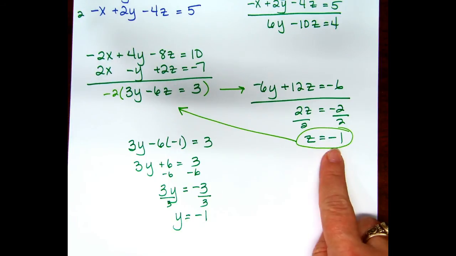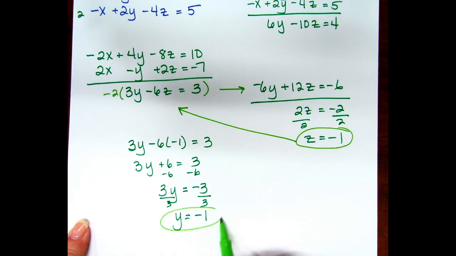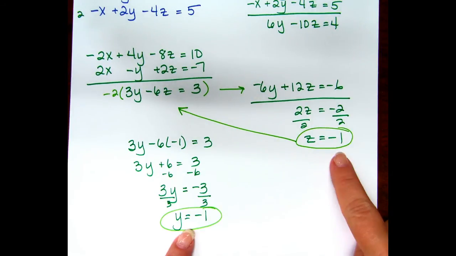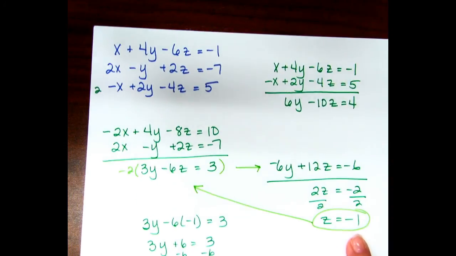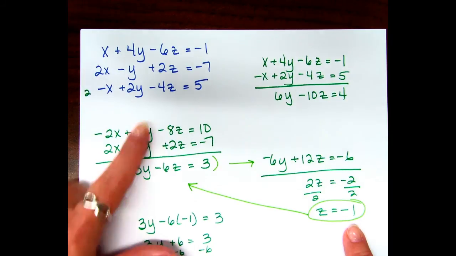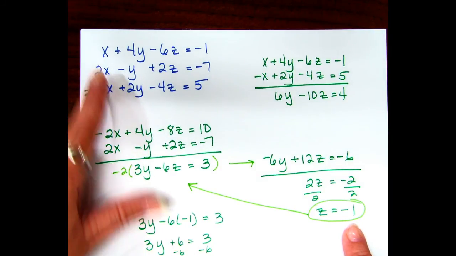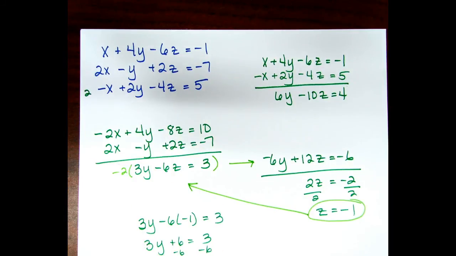So I know z and I know y. Where do I go? If I know z and I know y, only place I can find x is back at the beginning. Is there a better equation back at the beginning for me to choose? Probably the first one, because x is already by itself in the first equation.